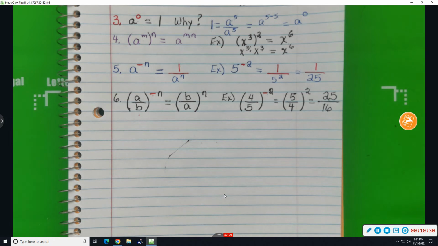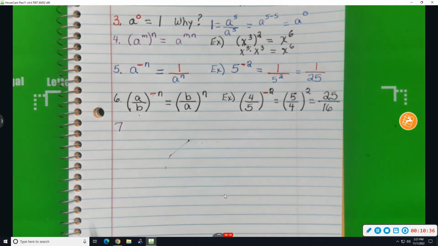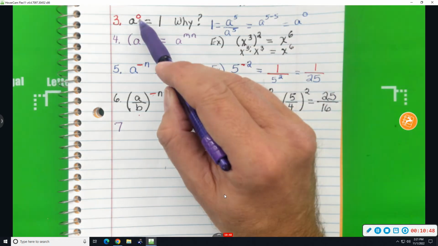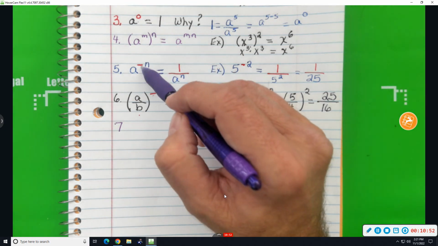And here's a rule that we stated when we were working with square root equations at the beginning of the semester. I'm defining what I mean by a fractional exponent. We've defined a zero exponent and negative exponents.